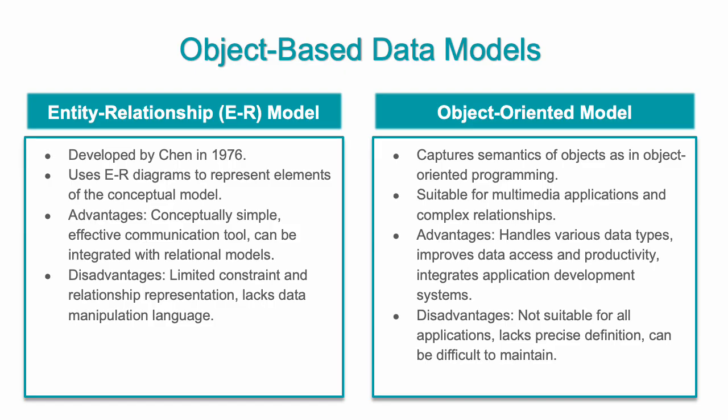So the first types are the entity relationship models and the object-oriented models. The entity relationship model uses ER diagrams to represent elements of the conceptual models. Meanwhile, the object-oriented model uses objects that capture the semantics of objects as in object-oriented programming.